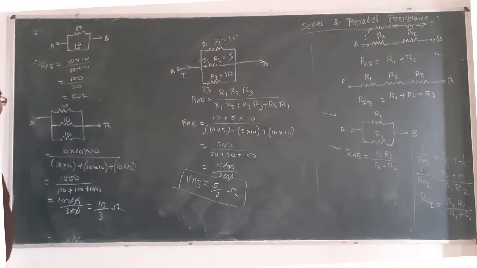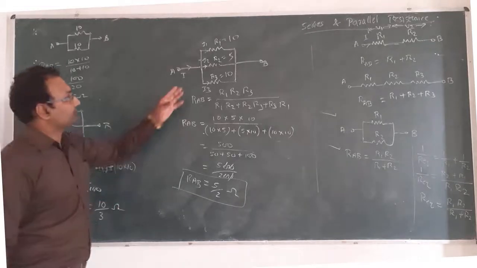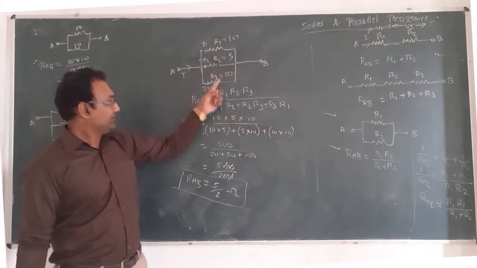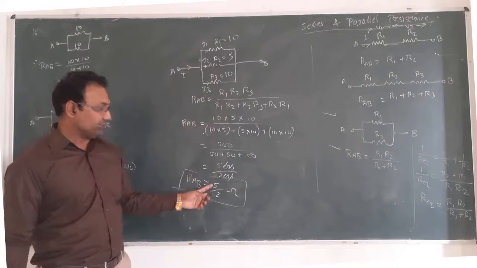When there were three resistances of similar value, that is 10, 10, 10 connected in parallel, the answer was 10 upon 3, right? But when we considered a different value of resistance, then the answer was 5 upon 2.